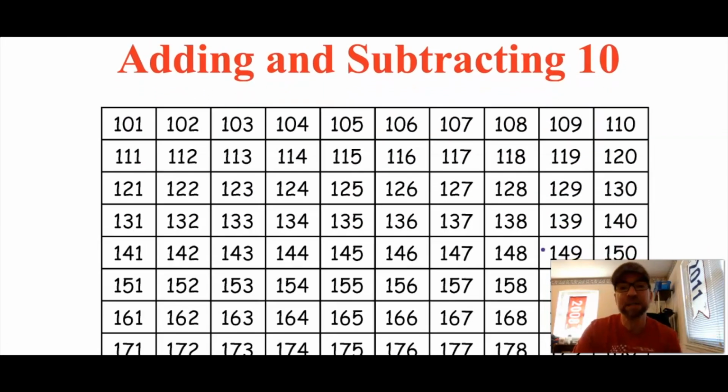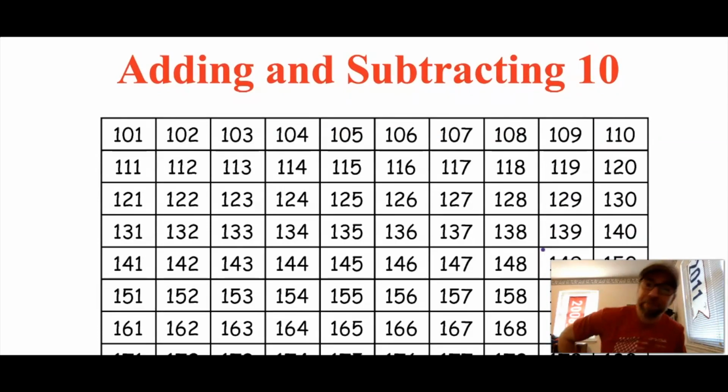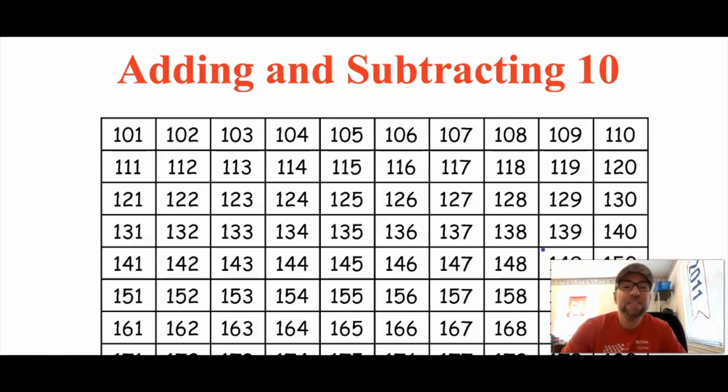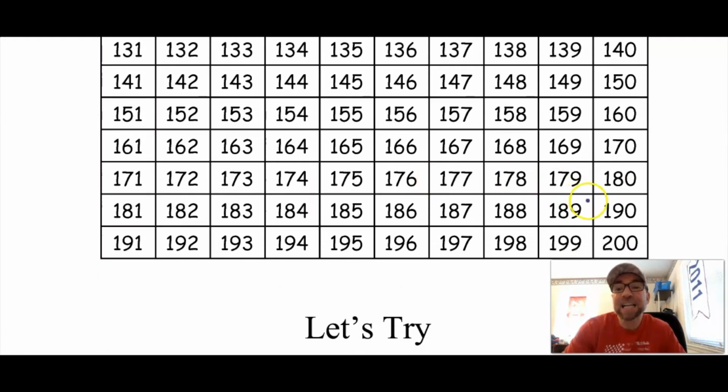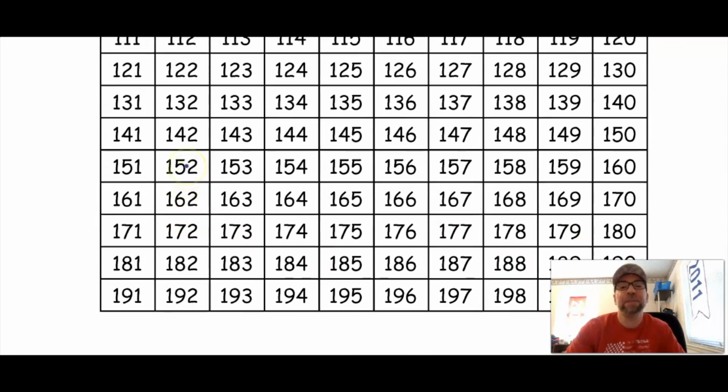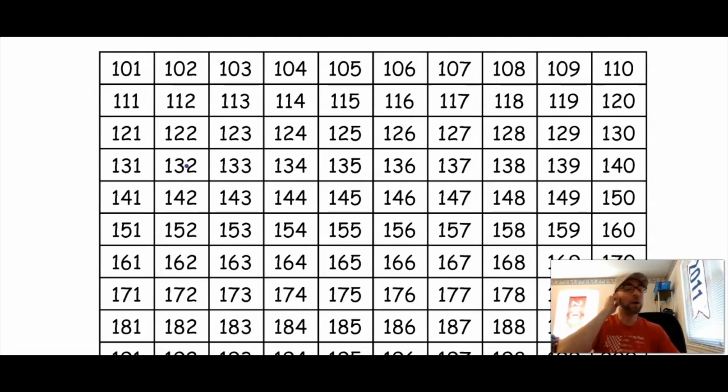Here is a special number grid that I have. This number grid is different than your number grid. This number grid starts at the number 101, and it ends at 200. So whenever I wanted to add 10 to a number, it's that tens digit that's going to change.